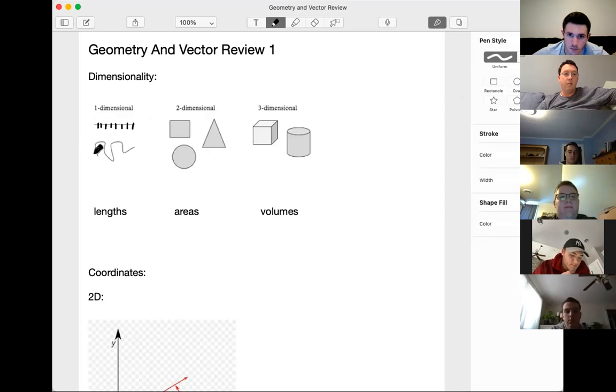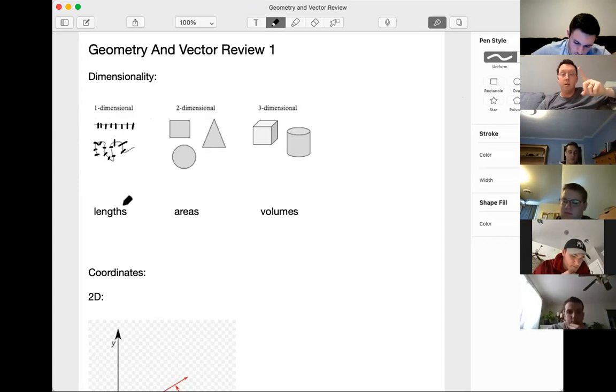And here, again, you specify one number, the number of tick marks. And that would tell you where you are along this curve. So by specifying one number, you can know where you are on the curve. Therefore, it's one-dimensional. Okay? If you can describe it by specifying one number, it's one-dimensional. That doesn't mean it's straight.